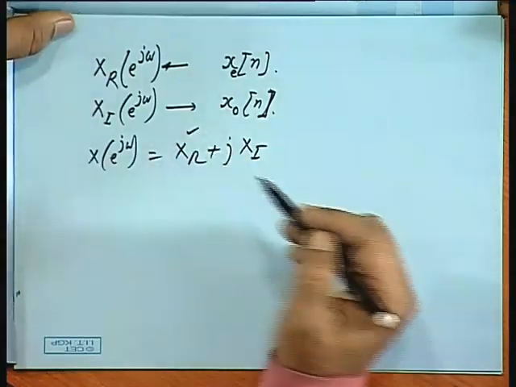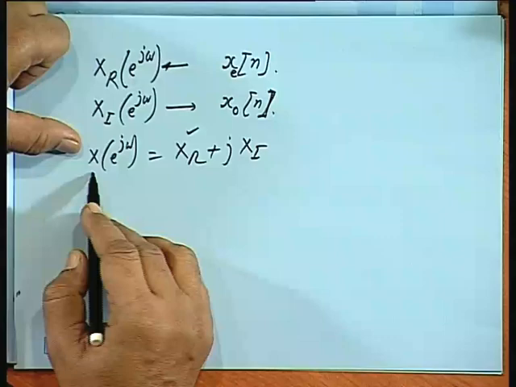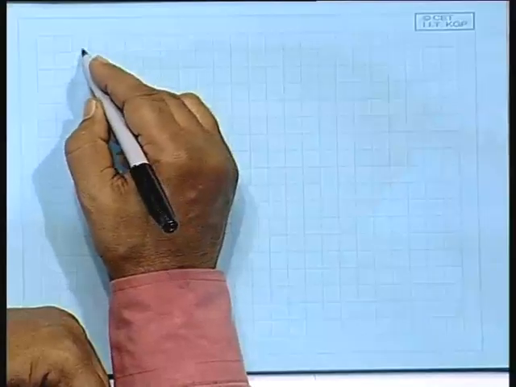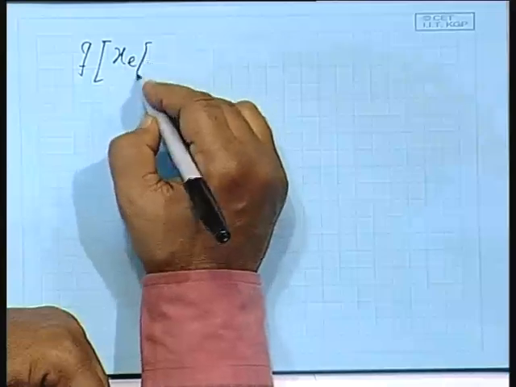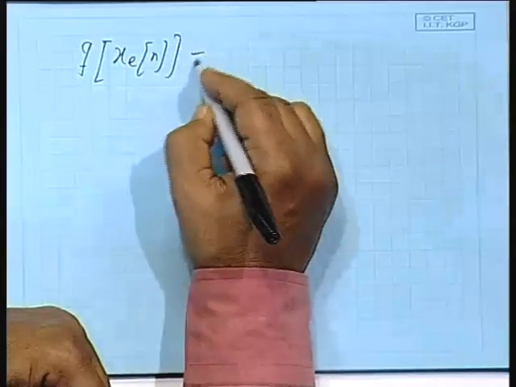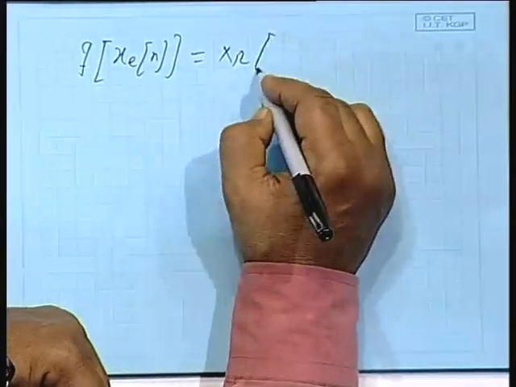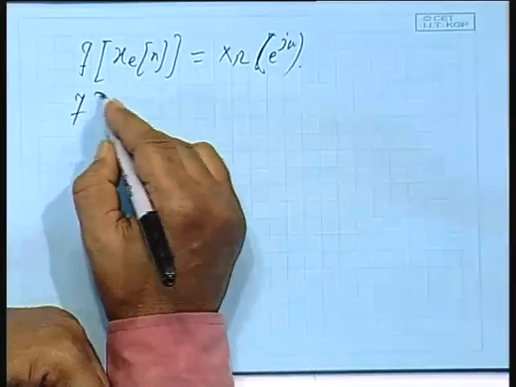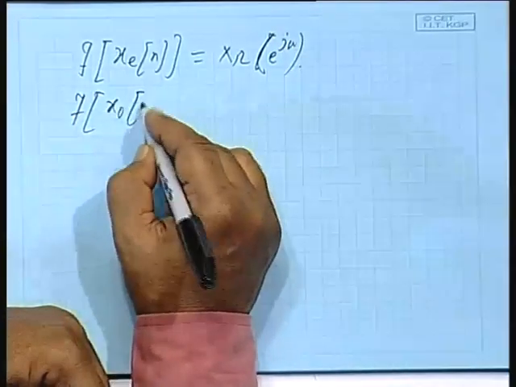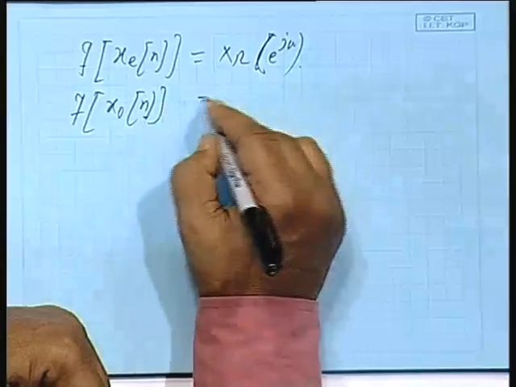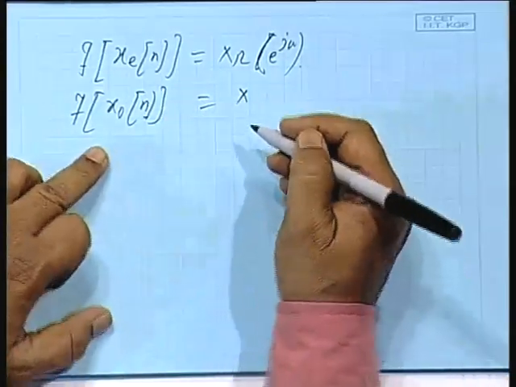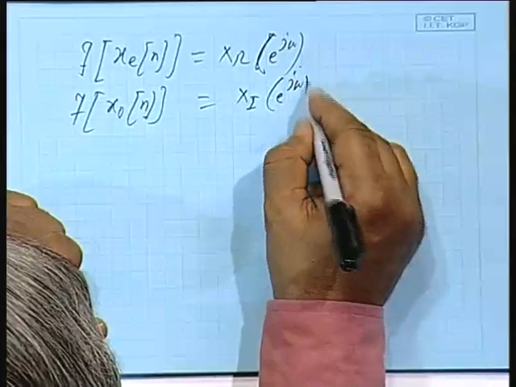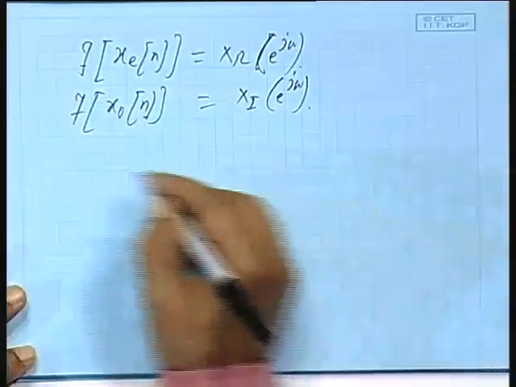So, if you are given this, how do you realize this, or how do you realize this? Fourier transform of the even part is x r e to the power j omega, we have also observed the Fourier transform of odd part is the imaginary part of the Fourier transform of the sequence.